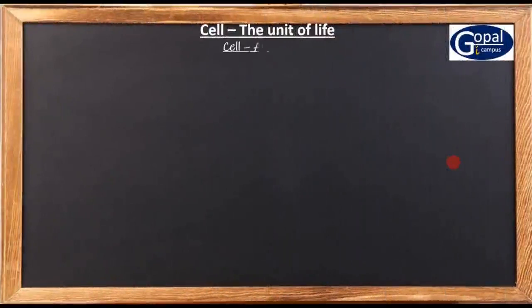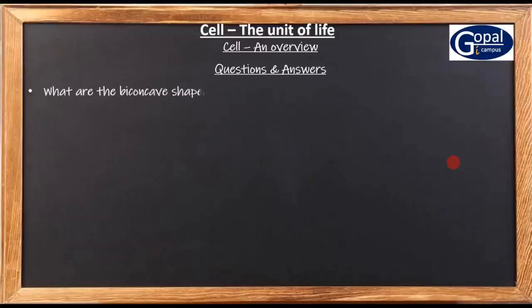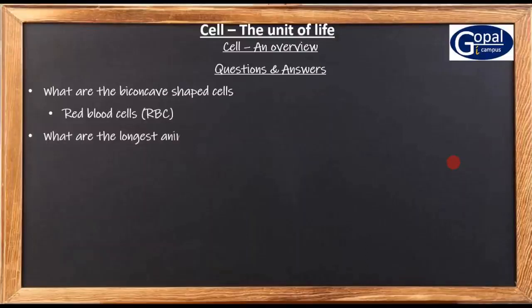Let us see some more questions related to this topic. What are the biconcave shaped cells? Red blood cells are biconcave shaped. What are the longest animal cells? The longest animal cells are the nerve cells.